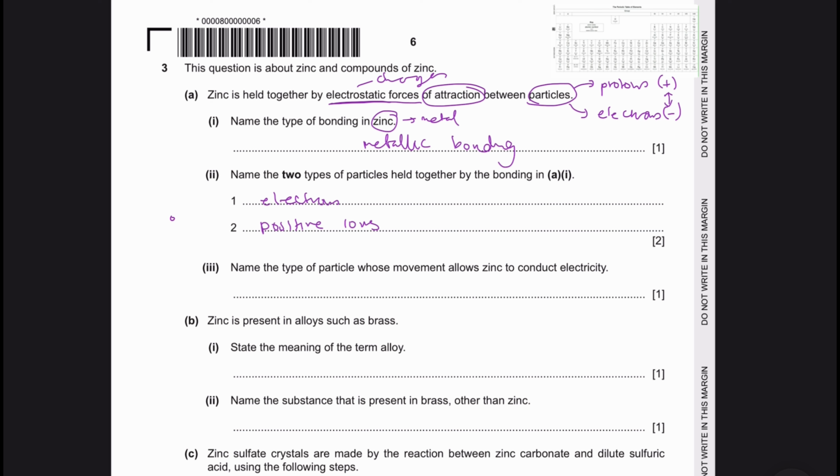So they're talking about all of these positive ions, so it's made up of many nuclei, which we would consider positive ions, and then the delocalized electrons, which are negative, are attracted to each other, keeping the zinc atoms bonded to one another.